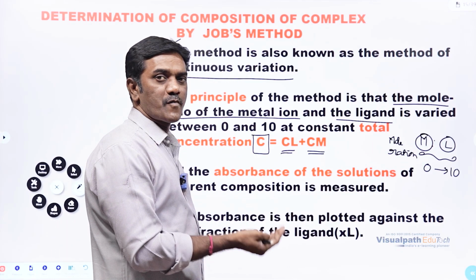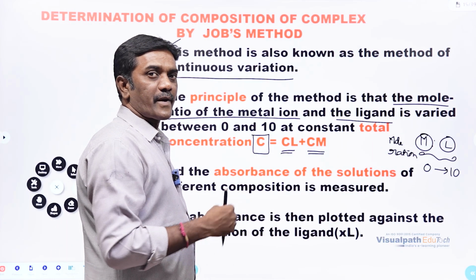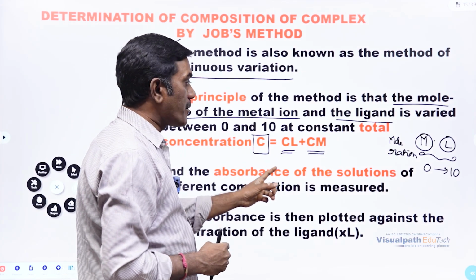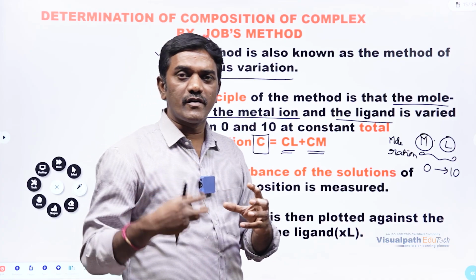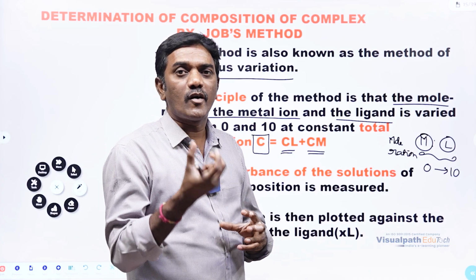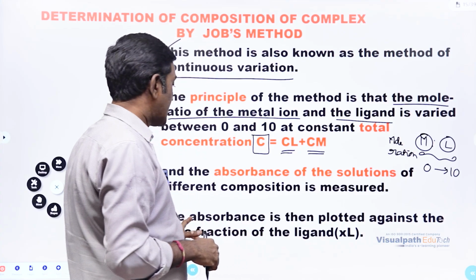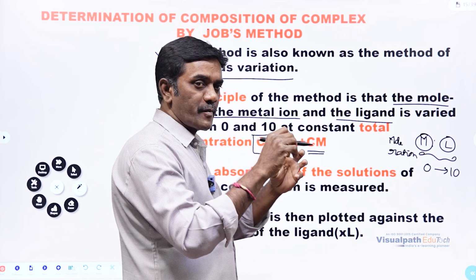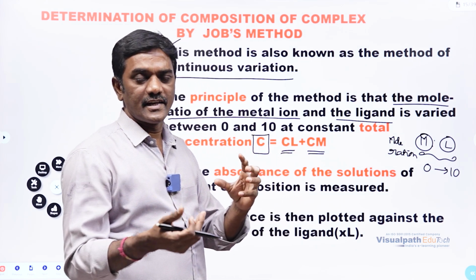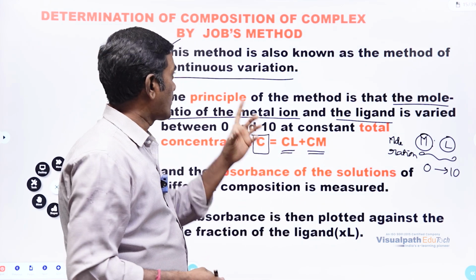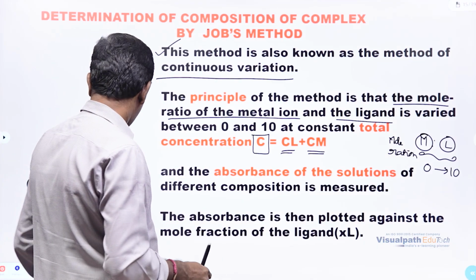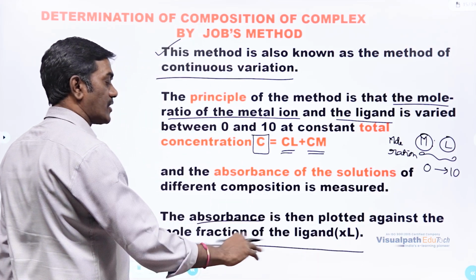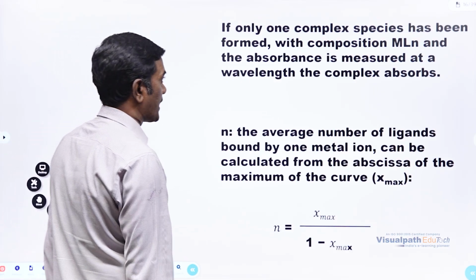In general, there is a practical experiment in this Job's method, and here the absorbance is the main criterion which gives the information about the exact composition of the metal and ligand forming. We take a graph of absorbance versus the mole ratio of metal and ligand. The maximum absorbance will give the composition of the metal ligand forming. Here we plot absorbance versus mole fraction of the ligand, and based on the graph we get it, right?